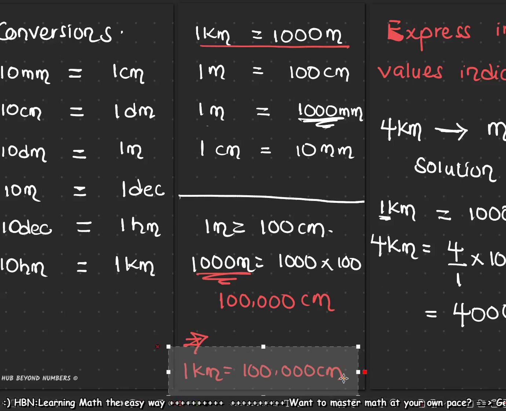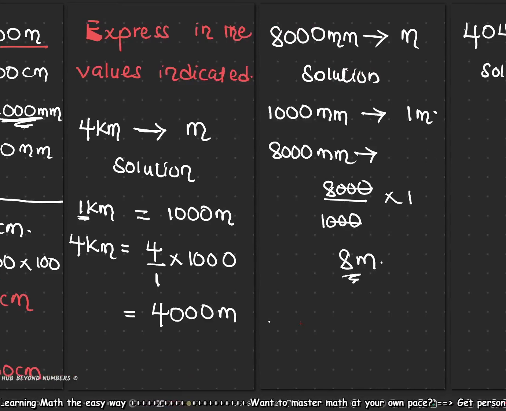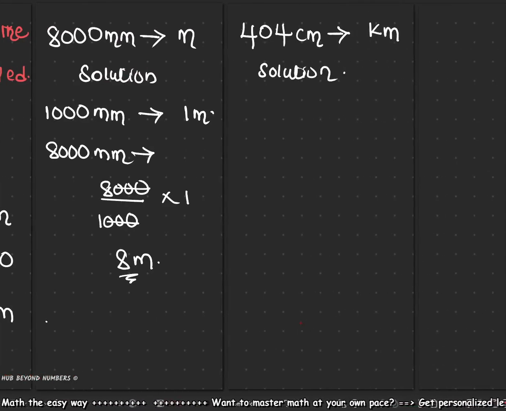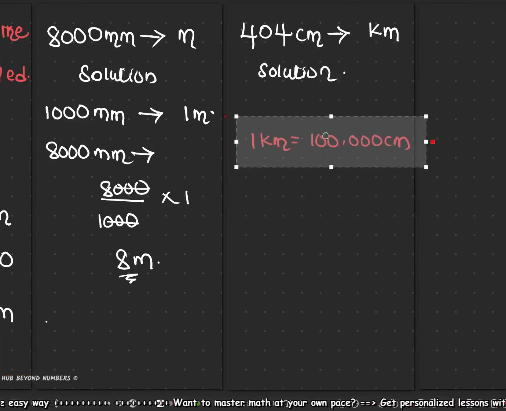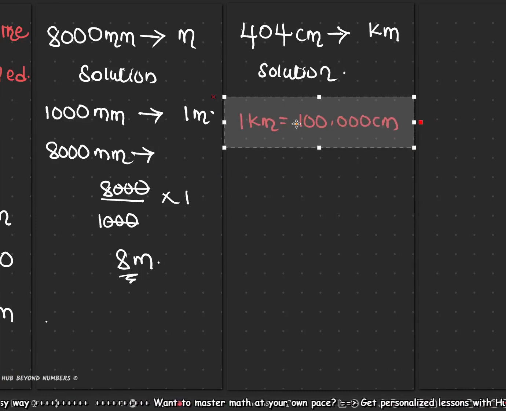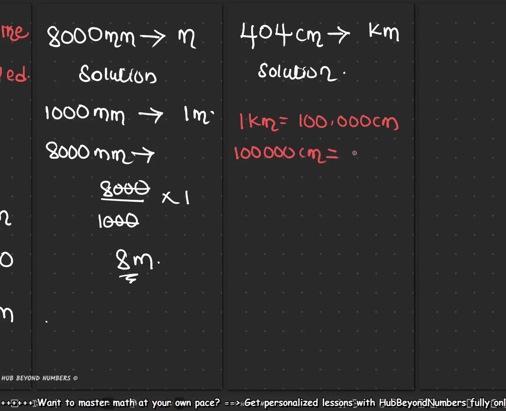So it is this here that we are going to use. This simply means that you wouldn't always be given a direct conversion, but you would sometimes have to figure them out, as we have done here. So we have realized that for each kilometer, we need 100,000 centimeters.